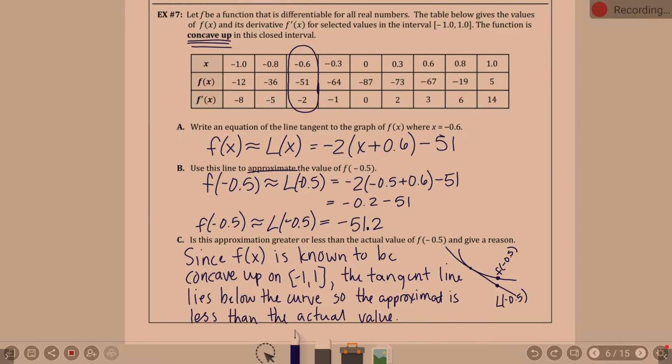Those are on the same vertical line. And again, yes, you have heard the word underestimate.